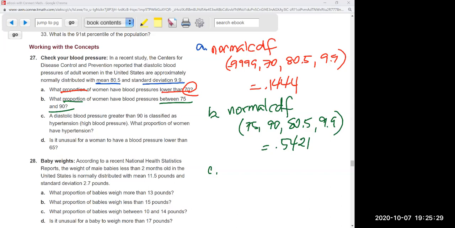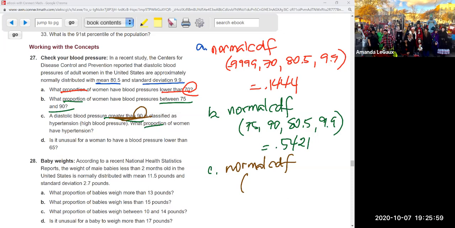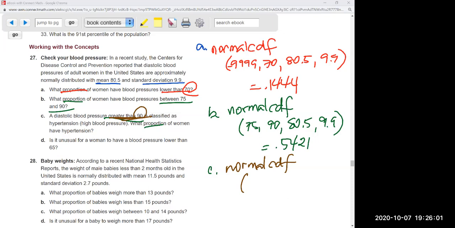C, the systolic blood pressure greater than 90 is classified as hypertension. What proportion? So proportion, again, normal CDF. Greater than 90. So 90 is what is 90? Is it lower or upper? It's lower, yes. So 90.